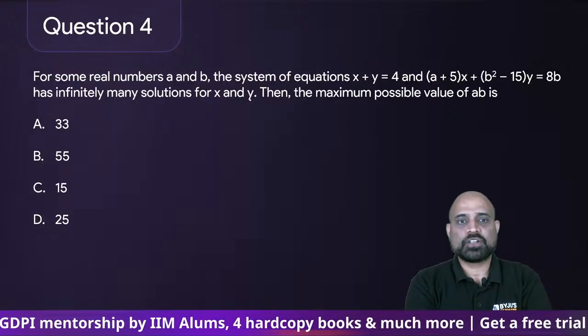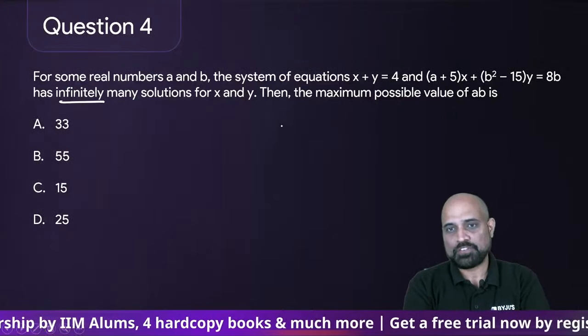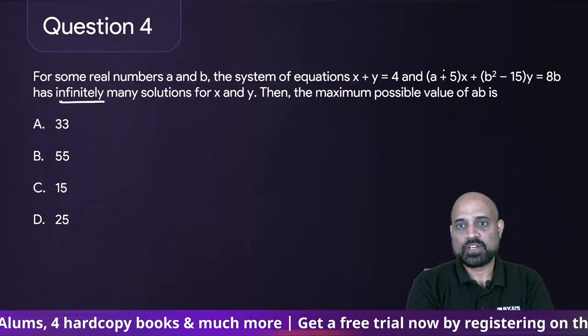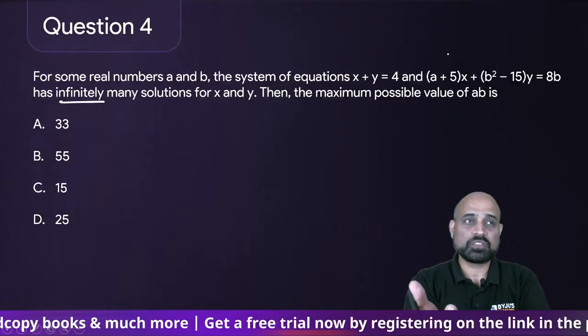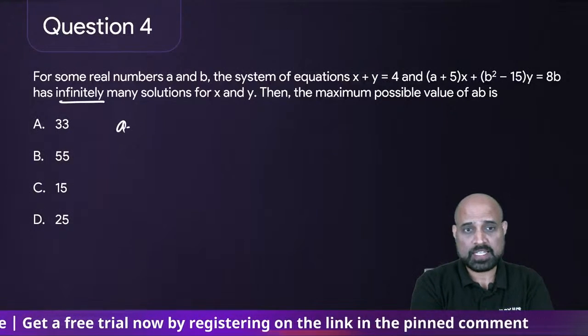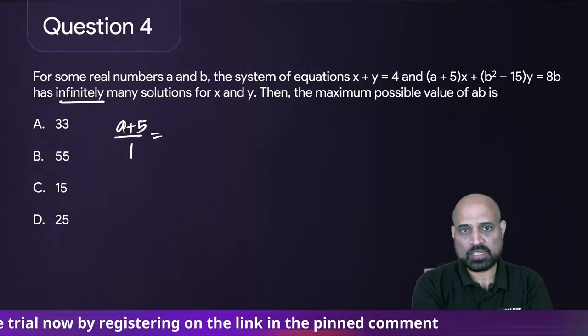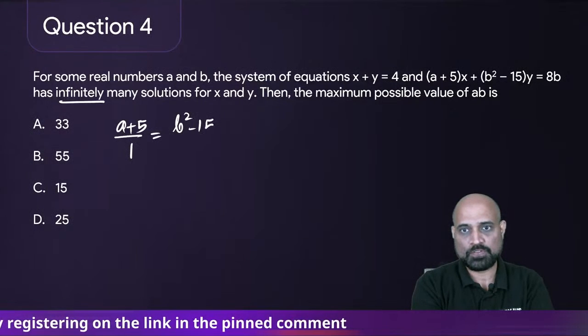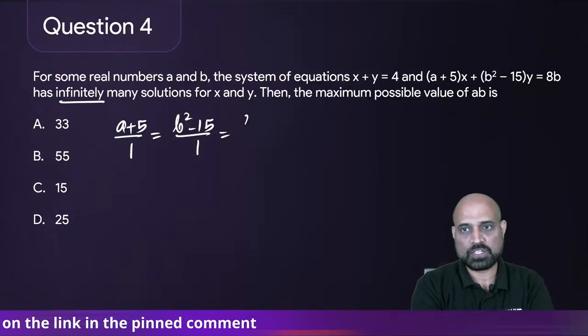So we know that two linear equations will have infinite solutions if the coefficients of the variables and the constant term bear the same ratio. So we can say that a plus 5 upon 1 is equal to b square minus 15 upon 1 and that is equal to 8b upon 4.